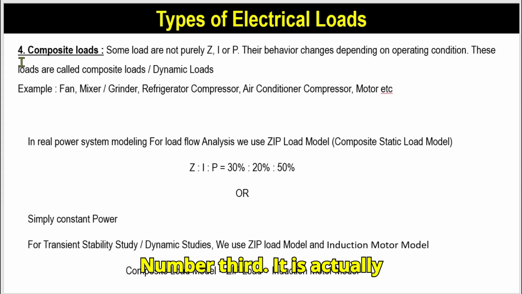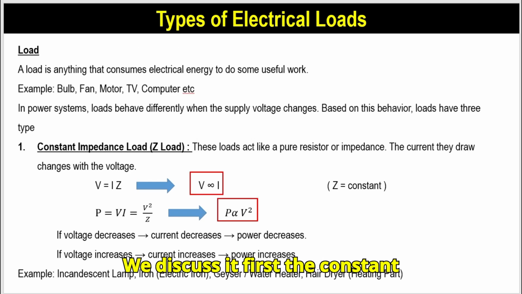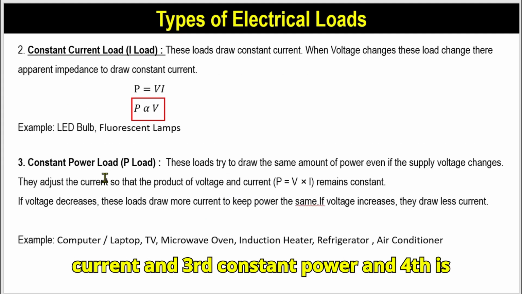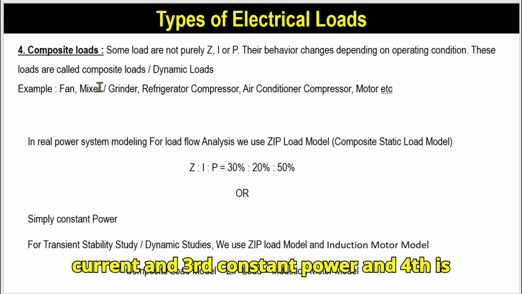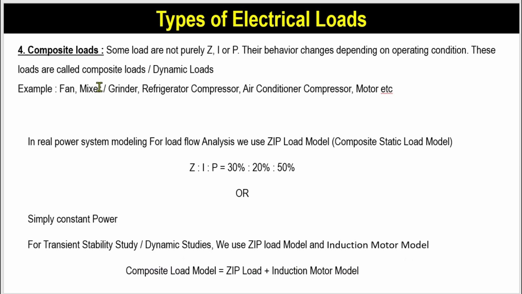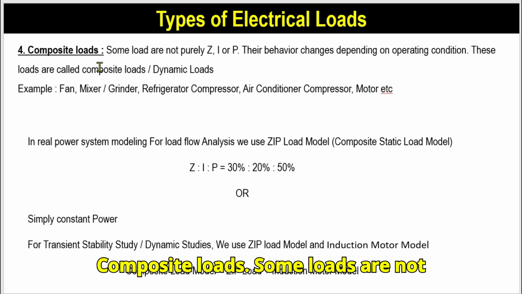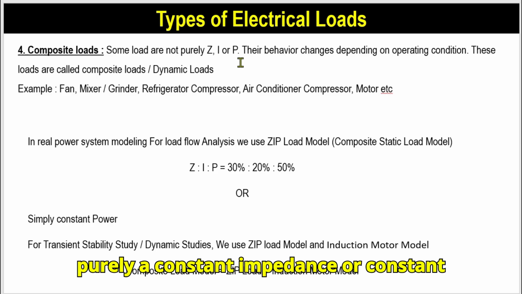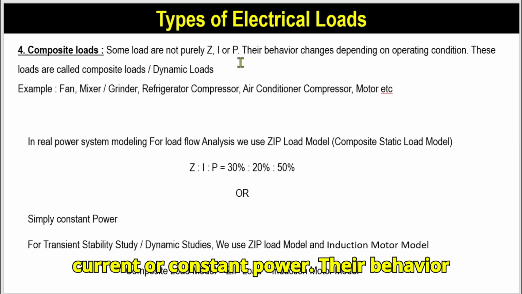Number third, it is actually number fourth. We discussed first constant impedance, then constant current, third constant power, and fourth is the composite loads. Some loads are not purely Z, I, or P. They are not purely a constant impedance or constant current or constant power.